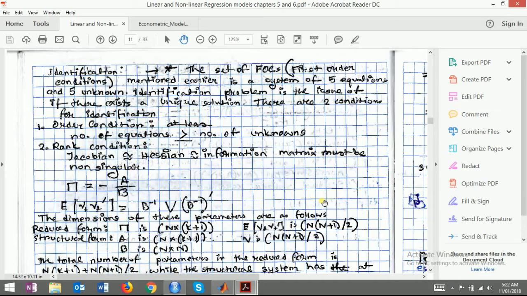So the first part is the total number of parameters in the structural form, and the second part is the total number of parameters in the reduced form. So I have n square more parameters in structural form. We need to reduce n square with normalization. My normalization is putting n square minus n restrictions on the dependent variable.